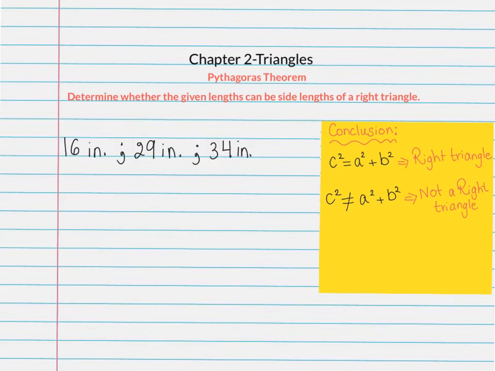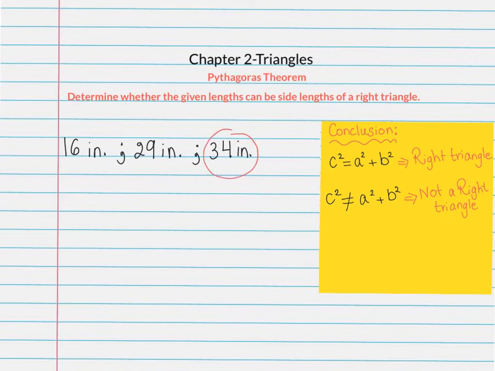Another example: we have a set of lengths of 3 sides, and we want to see, are they part of a right triangle or not? Let's first of all identify c, which is the longest length: 16, 29, 34. Definitely it is 34.